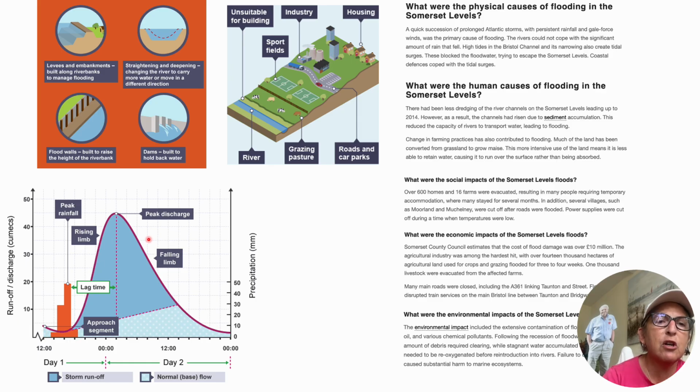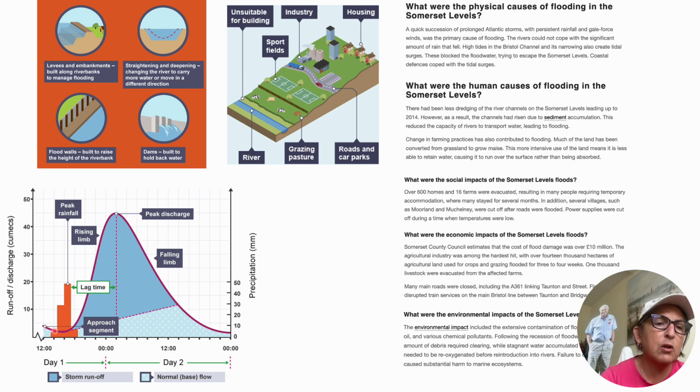And then you plot the discharge, and the discharge is in cubic meters per second. So the amount of water passing through a particular point in the river per second. Okay, so it's not quite speed, it is about the volume of water, cubic meters per second. So we can see here that the river's quite low.